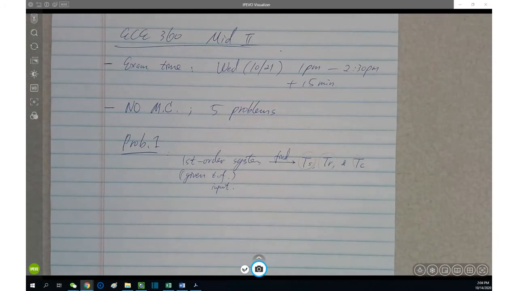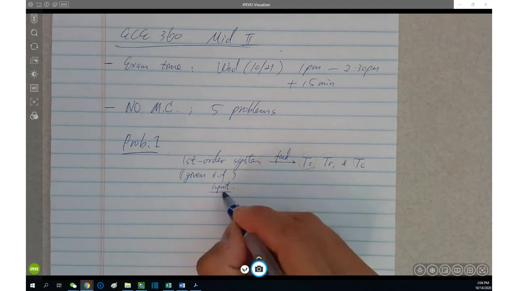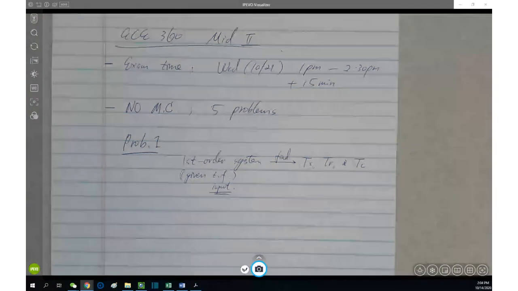Always remember these 2 things: the output transient and steady state value, and the steady state error. They are all input dependent. Without a specified input, you won't be able to find any. There's no uniform answer covering all of the possible inputs. It doesn't exist. This is problem 1.